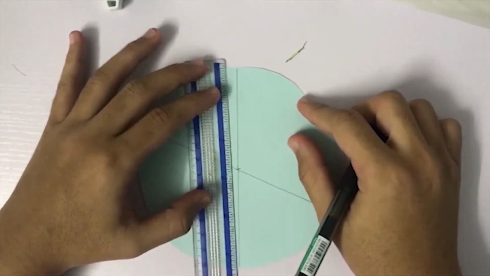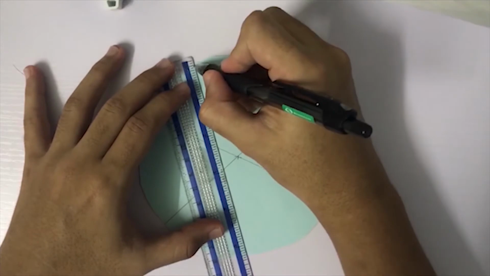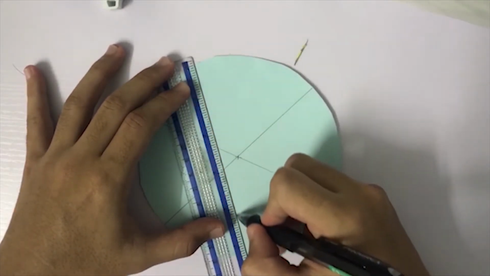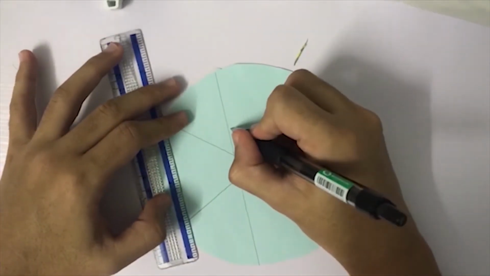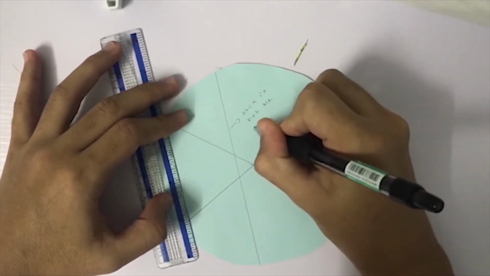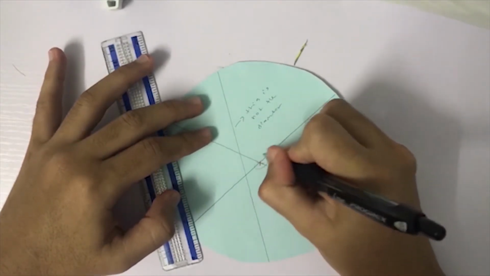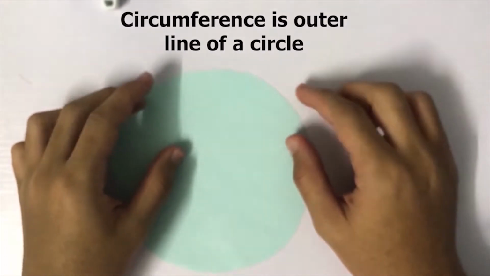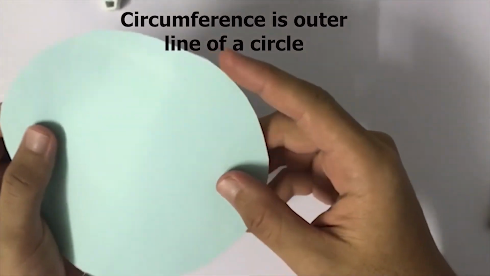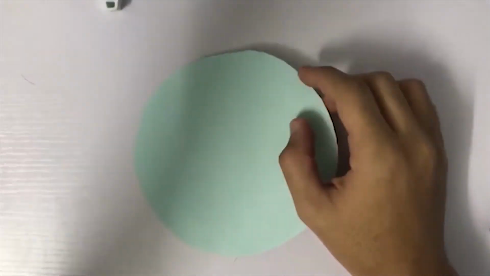So if I draw like this, which is a line not across the center, the result is this is not the diameter, because the diameter should go across the center. And thirdly is the circumference, which is the outer layer of the circle, known as the perimeter of the circle itself.